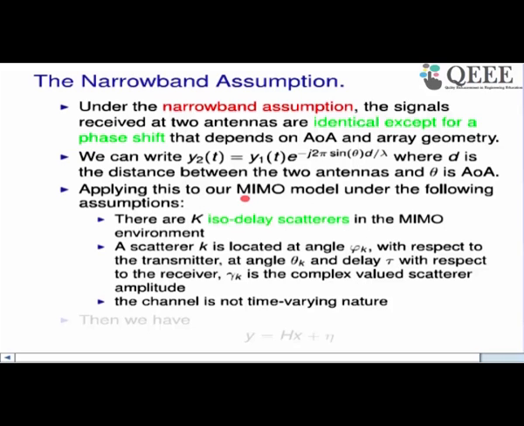So essentially the multiple signals from multiple reflectors combine in the same time duration with different phases.